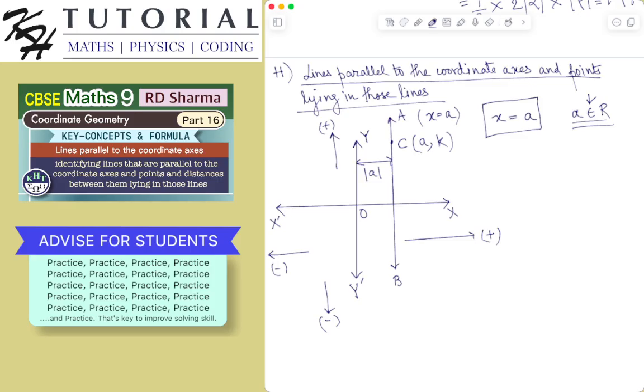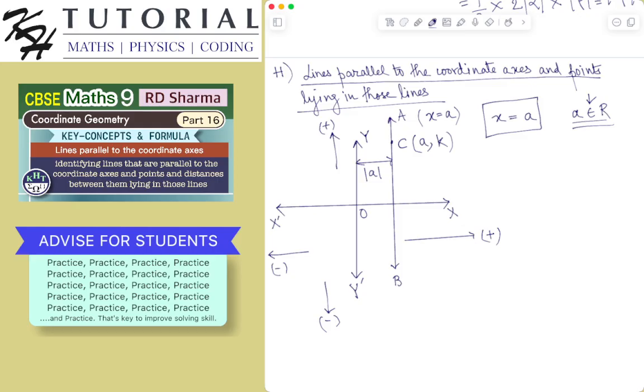It could be any real number, but the abscissa of all points lying on this line AB, whose equation is x equals a, will be a. That is, we can say all points lying on this line AB are also at a perpendicular distance of a from the y-axis.